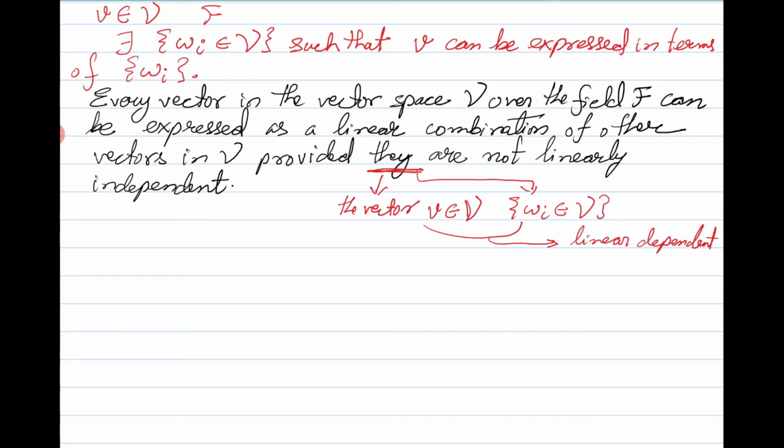Now what is the meaning of linear combination? Essentially, you can express V as a summation of the scaled up versions of the vectors Wi.